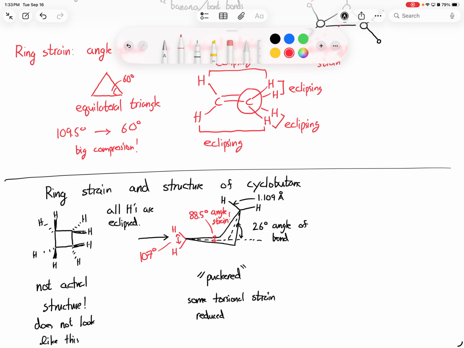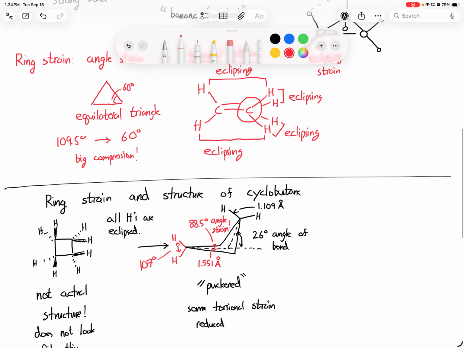Okay? All right. And then this carbon-carbon bond length is 1.551 angstroms. So that bond length's not too bad. It's a little longer than a typical carbon bond, but it's longer because we're kind of elongating this cyclobutane by putting it in this pucker state.